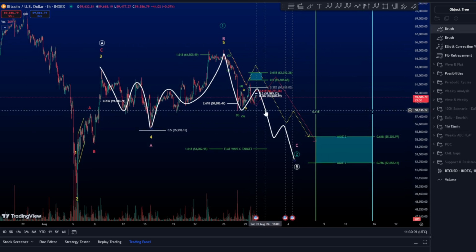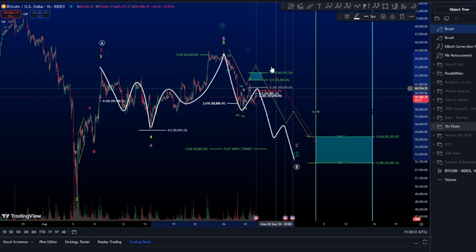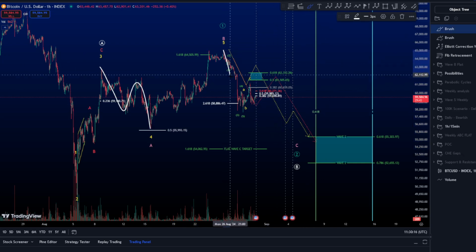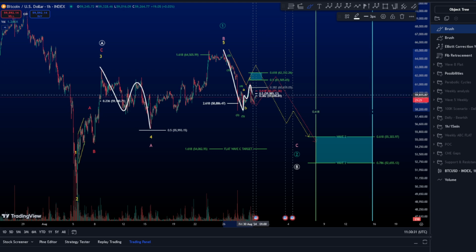that means we have the first possibility here to be a diagonal. This wave, which should be a wave C, this impulse here, is your wave 1 of a diagonal. Then this zigzag that you see here is your wave 2 of a diagonal. Now we have to see an impulse again for the wave 3, it should be an impulse, or a diagonal also inside this, but preferably an impulse.